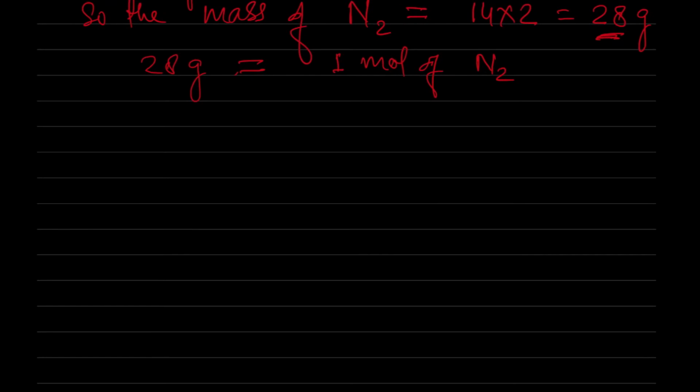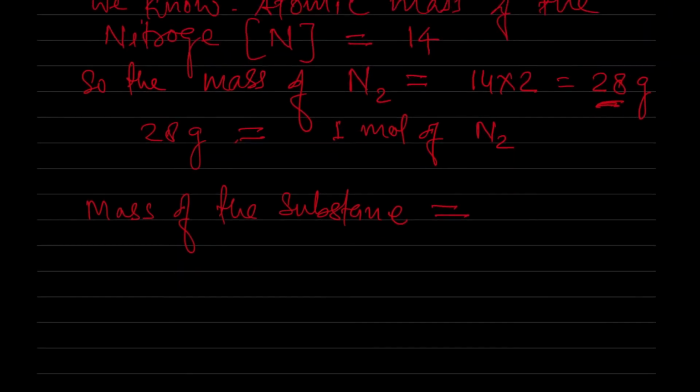So mass of the substance can be calculated by multiplying the given mole, 0.5 mole, into the molar mass of nitrogen gas, which is 28. So the value is coming here 14 gram.